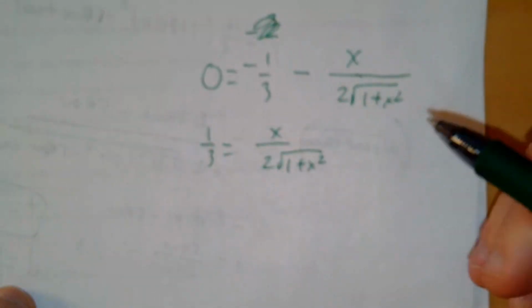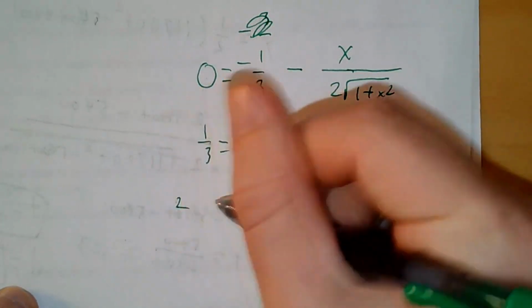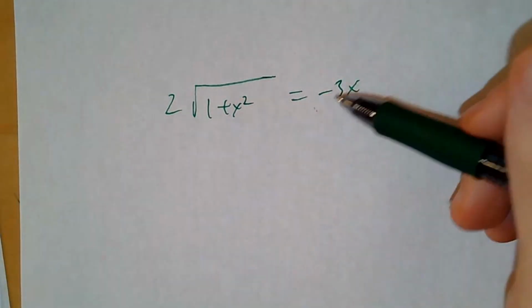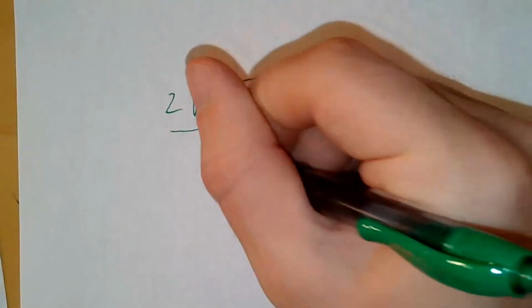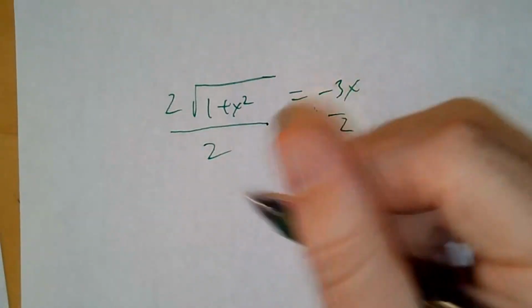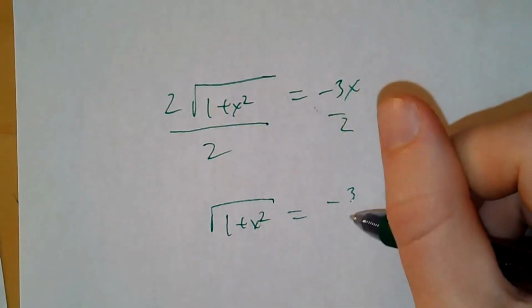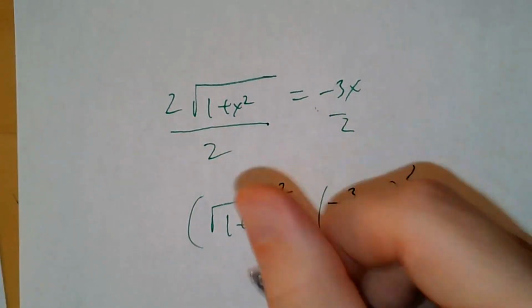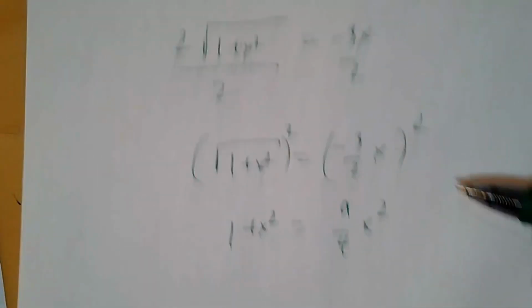We're going to cross multiply here. Sorry, the recording cut out there. We had just cross multiplied, and we should have gotten this. And then we're going to divide both sides by 2. So we'll get root 1 plus x squared equals 3 over 2x. Then we're going to square both sides, and we get 1 plus x squared equals 9 over 4x squared.